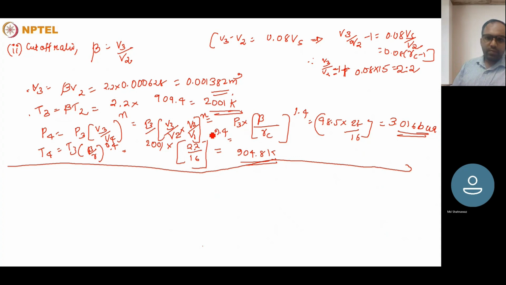Now V4 will be the same as V1, which is 0.010048 meter cube.